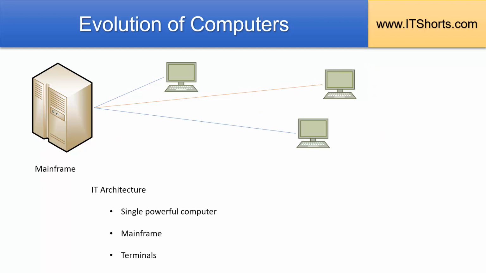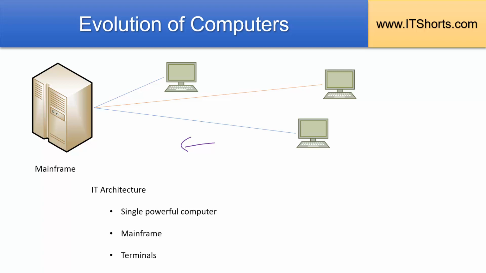These terminals were sometimes referred to as dumb terminals, as they cannot do anything on their own. They just connect to the mainframe just to display the content from it. They take inputs from the keyboard and run the programs that reside in the mainframe.